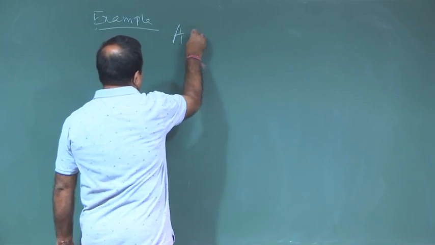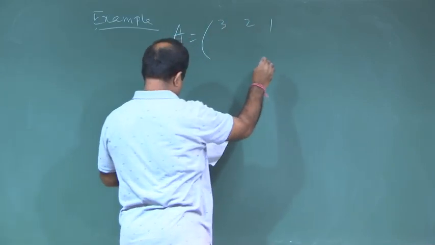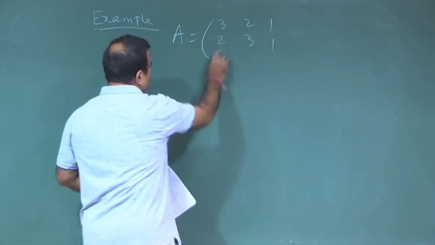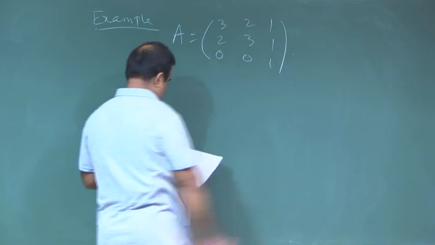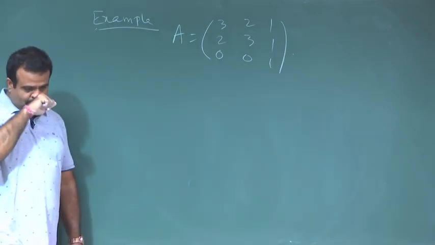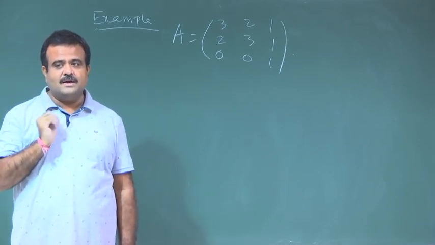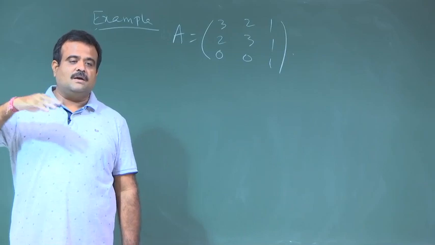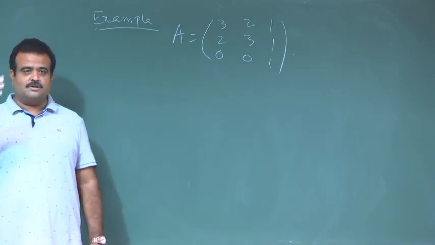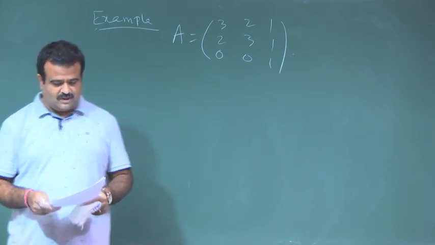Suppose we have a matrix like this: 3 2 1, 2 3 1, 0 0 1. Now we are going to check whether this matrix is diagonalizable. We need to find the P such that if we multiply by P inverse on both sides, it should give us the diagonal matrix, and the diagonal elements are nothing but the eigenvalues.